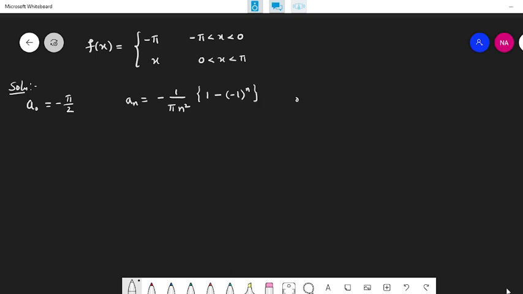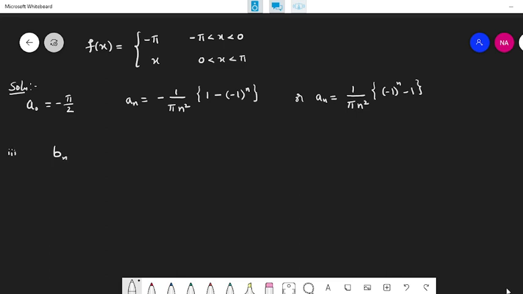Or we might have written this as a n equal to 1 by pi n square times minus 1 power n minus 1. I don't know exactly which term I have written in the last class. Now we need to determine Bn. Let us proceed for Bn.